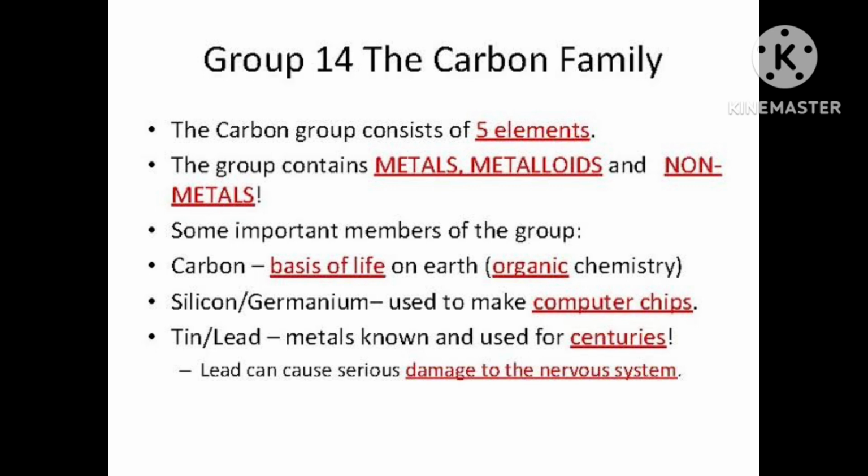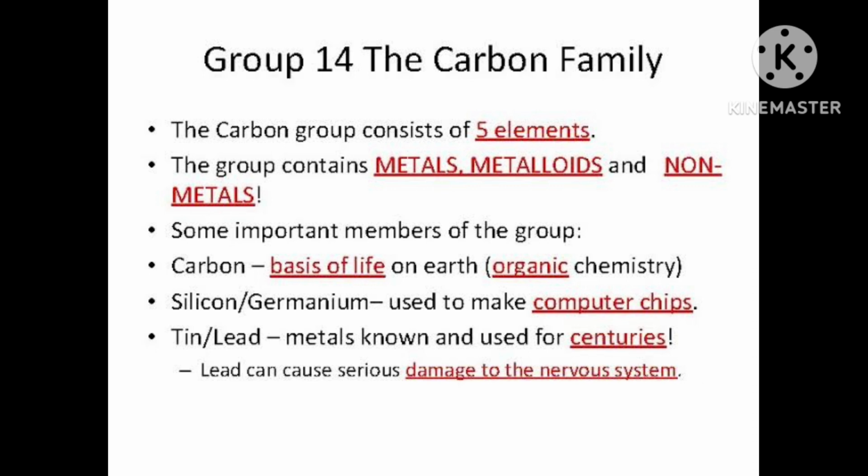Second, commonly found in +2 oxidation state is lead.